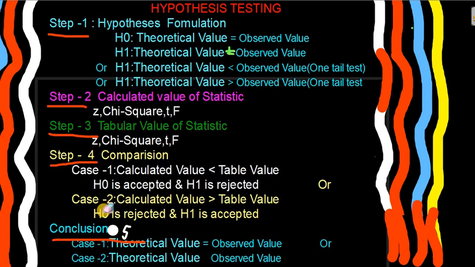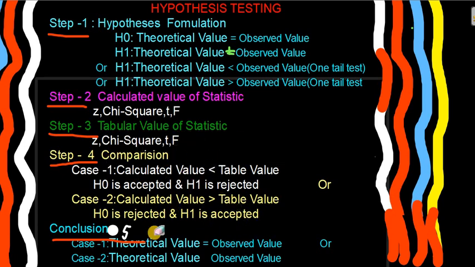If the null hypothesis is rejected, H1 is accepted. Then we say that there is a significant difference.